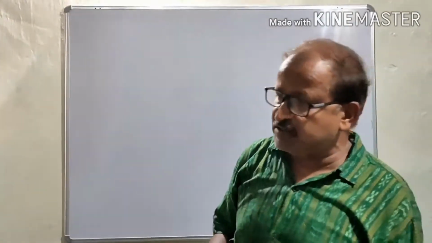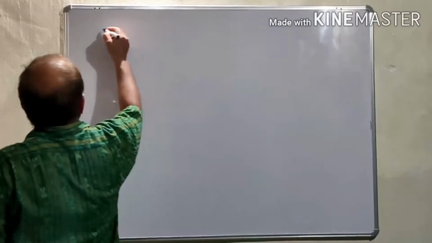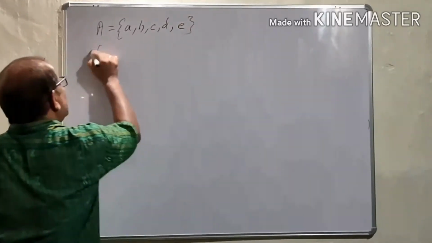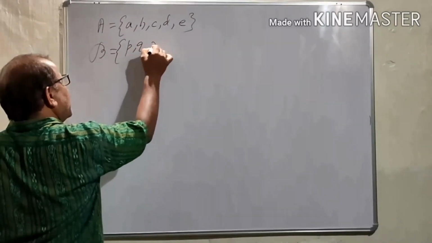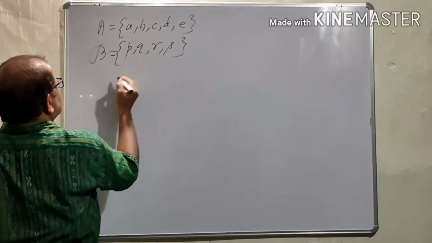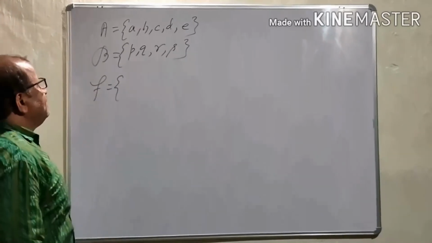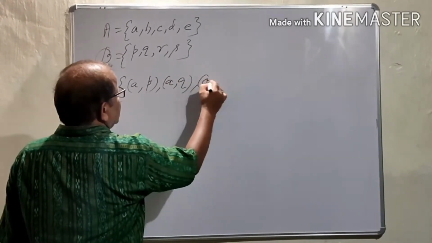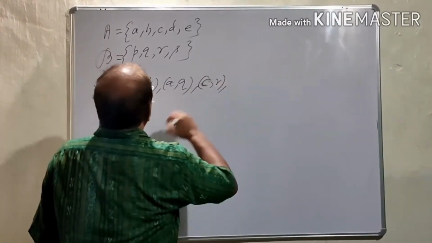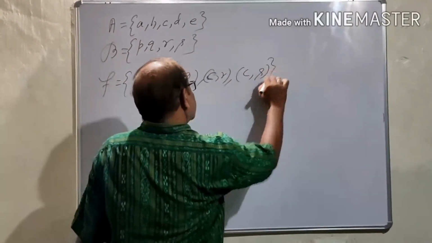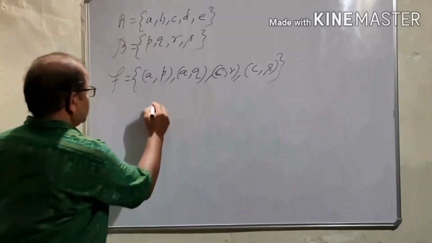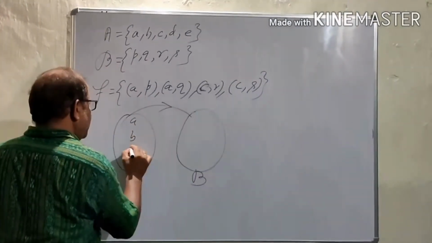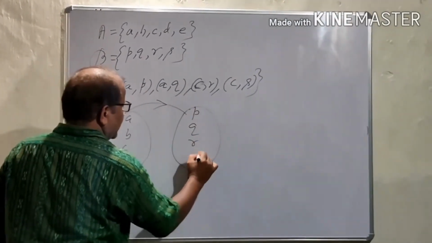If it satisfies the one-many condition, then it is also one-many. Suppose A is equal to A, B, C, D, E and B is equal to P, Q, R, S. Suppose F will be AP, AQ, CR, CS, DR.